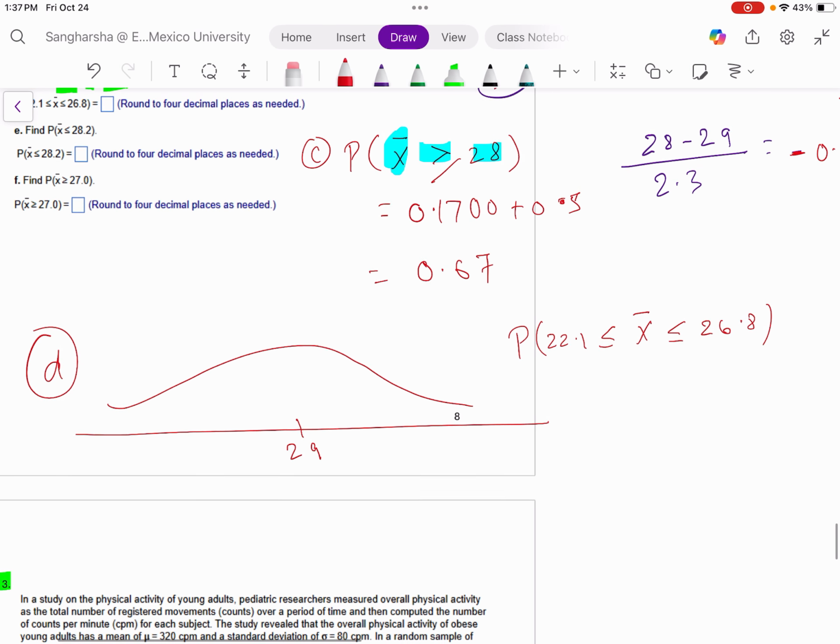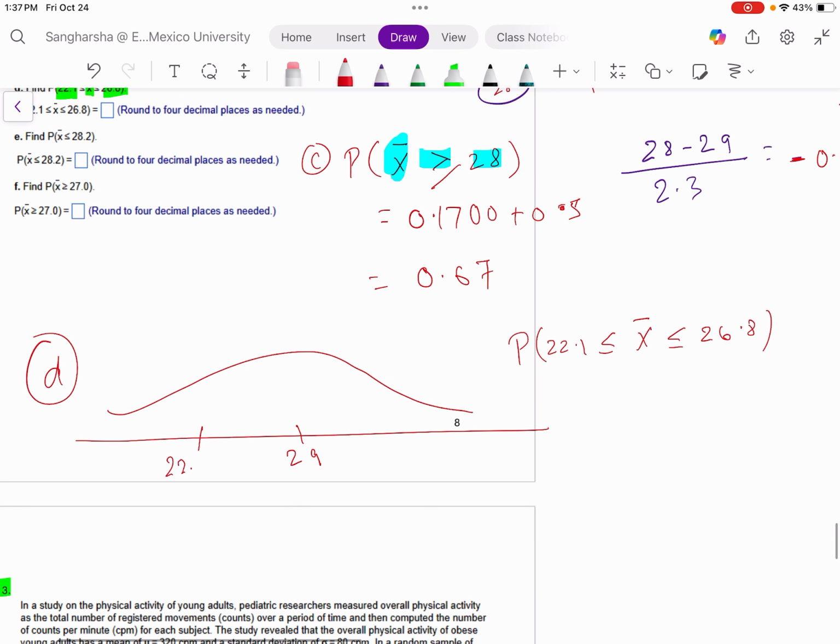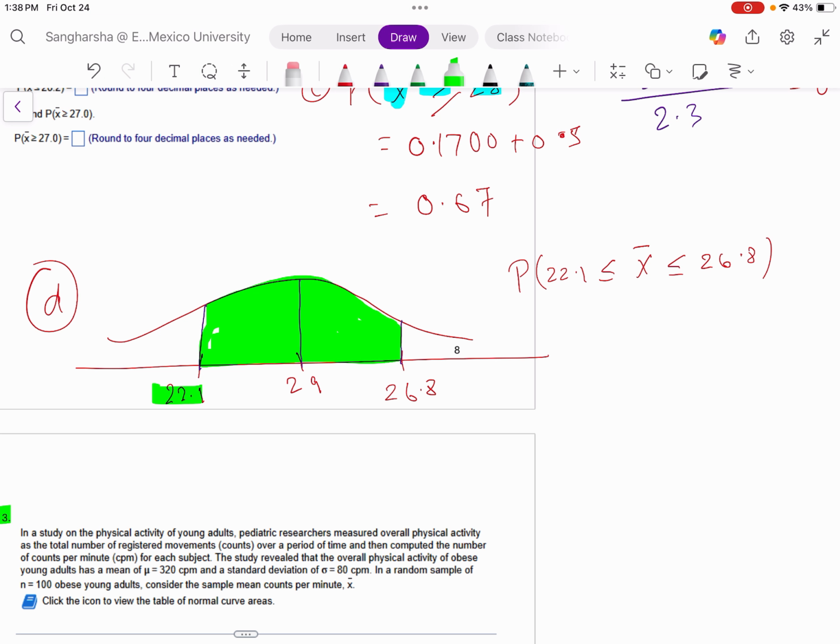Let's locate these two numbers: 22.1 is here, 26.8 is here. We are interested in finding the area from 22.1 to 26.8. This is a normal distribution, so we use a G table. Let me draw a vertical line at 29. You convert each of these x bar into G like we did earlier.